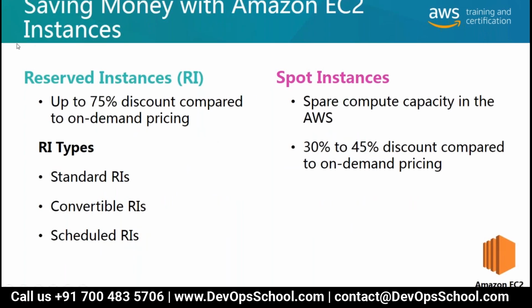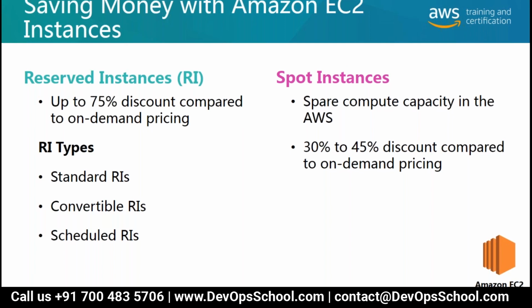So saving money with Amazon EC2 instances, how can you save money? Reserved instances provide a significant discount, up to 75% when compared to on-demand pricing. And they provide a capacity reservation when used in specific availability zones. You can choose the right type of reserved instance also. Not all reserved instances are the same.